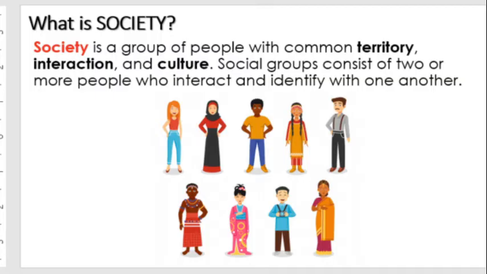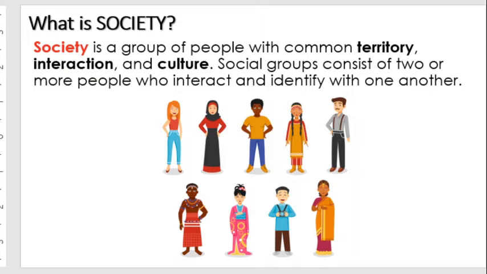The same with the people in Saudi Arabia, since they are one territory, one land, therefore they are one society. Same in the US, same territory, same land, therefore one society. Now, if we talk about the people in Mindanao who believe in Islam, and the people in Saudi Arabia who also believe in Islam, we can say that they are one society based on their culture.